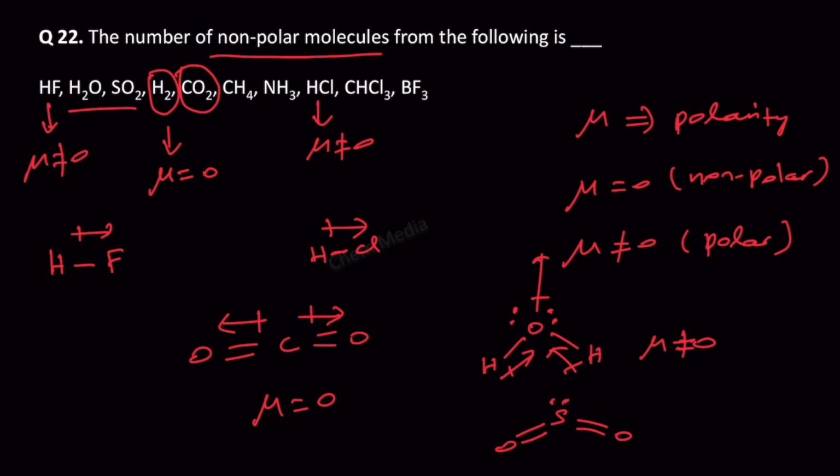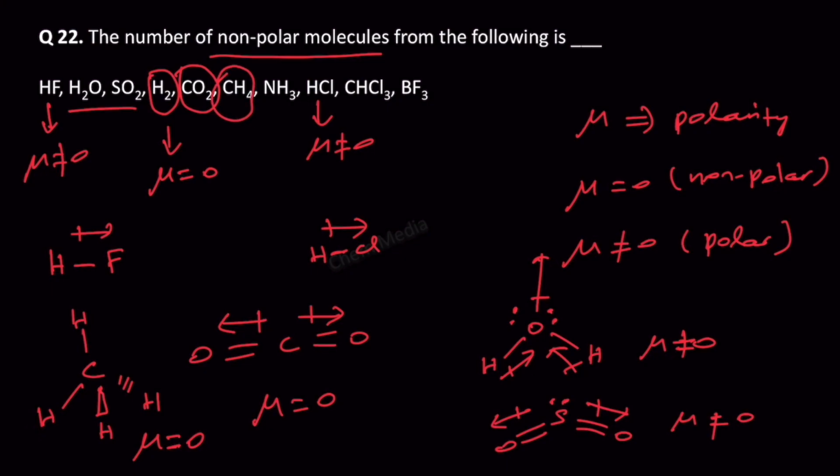So therefore, we will have dipole moment for this molecule too. So here also the dipole moment will be non-zero. So we can't count those. How about CH4? In methane, because it is tetrahedral, because of symmetry, the dipole moment will be 0. Therefore, we can count methane.